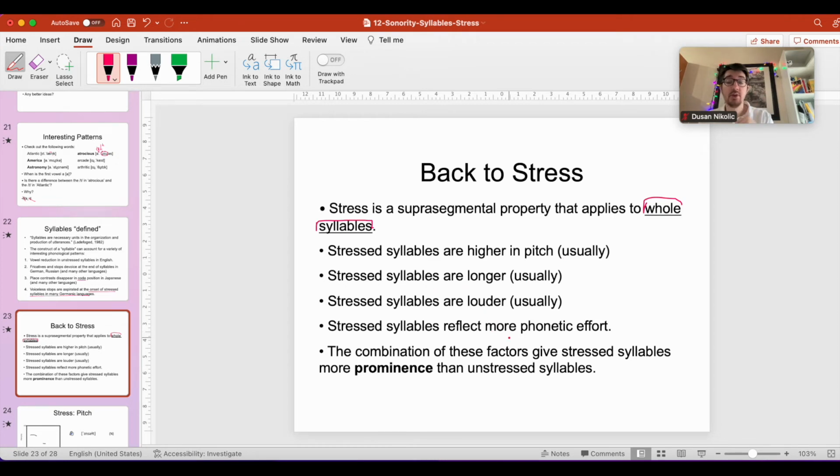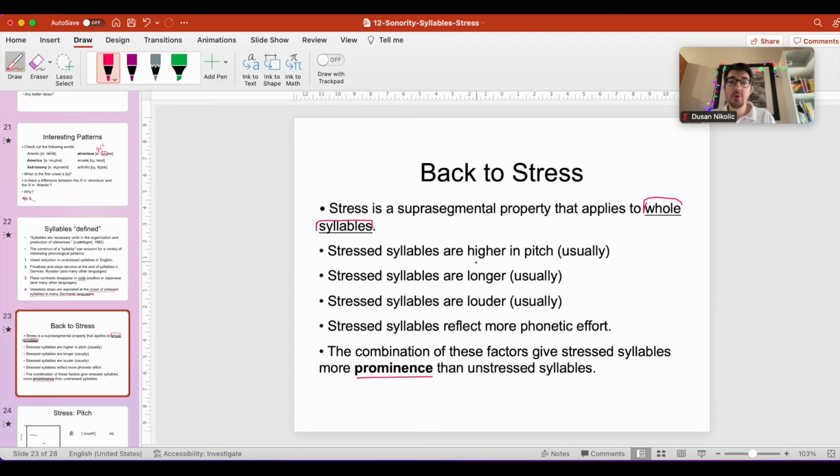Syllables that are louder are usually stressed. And stressed syllables reflect more phonetic effort, which we will see later. But the combination of these factors gives stressed syllables more prominence than unstressed syllables. So you perceive them as more emphasized. That's what it means, more prominent, right? And that's what stress depends on.